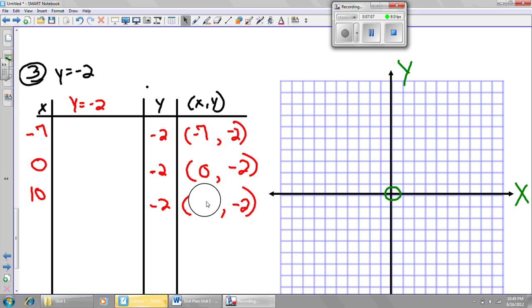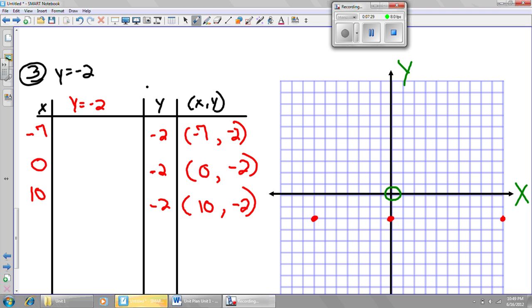Now I gotta tell you, lots of times kids have trouble with these equations, like number 2 and number 3. They are so simple. (-7, -2), (0, -2), and (10, -2).